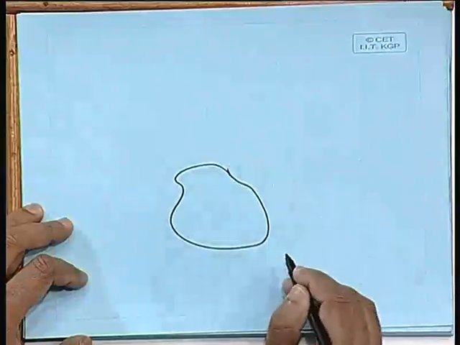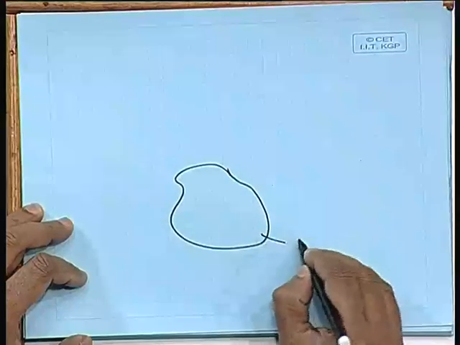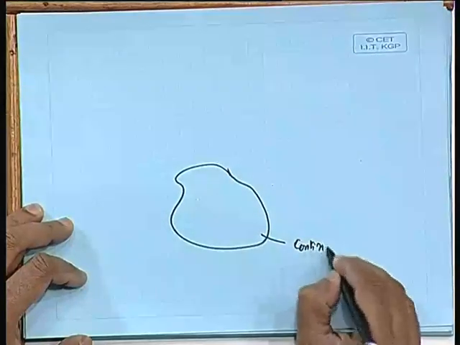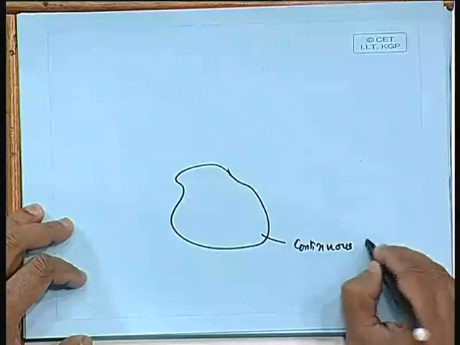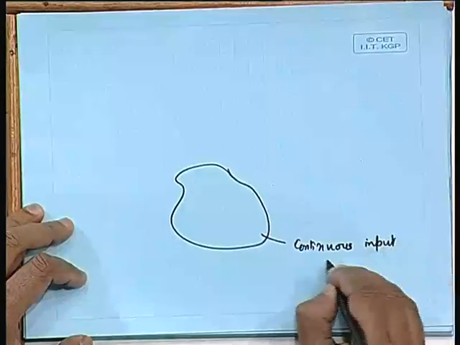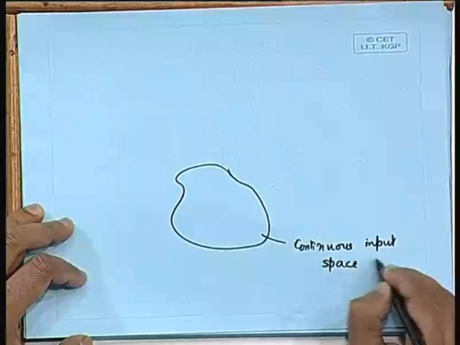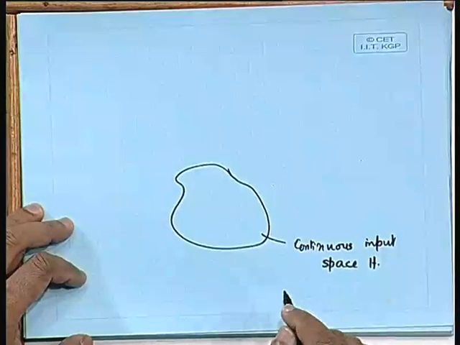In fact, we can present the concept in this way. Let us say that we have a continuous input space. So, here what I draw is a continuous input space, H. This H is actually an m dimensional space, but I have to somehow draw it.